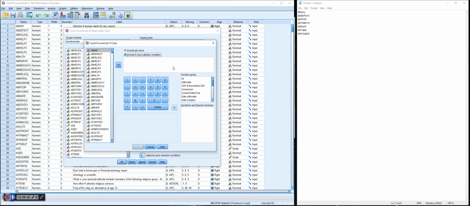The reason why I'm doing this process is excluding the missing value. So we are counting the number 1 as agreeing about the abortion. The higher the count, the more likely the respondent is to agree about the abortion in any conditions.